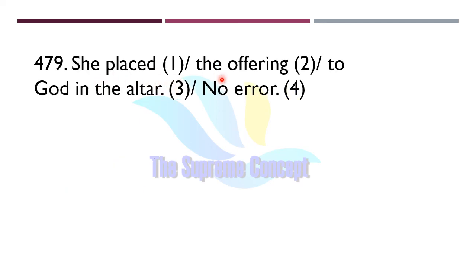She placed the offering to God in the altar. Now find out its answer. Yes, alright. So here, as you can see, the error lies in part number 3. We can use on or at, on or at the altar, not in.